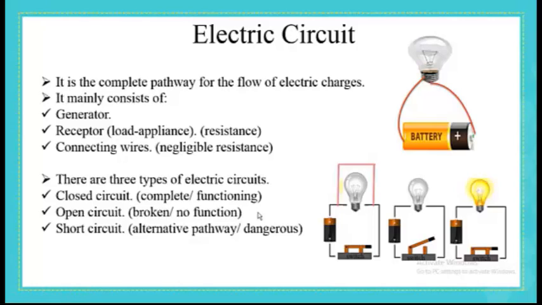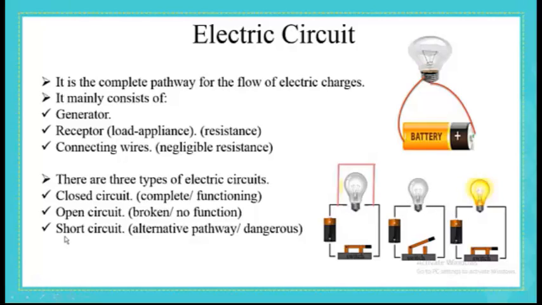And now let's see the closed circuit. This one is the closed circuit. We have a complete pathway and the lamp is glowing. So the conditions are met. The open circuit is this one because the switch right here is open, so we don't have a complete pathway, and because of that, the lamp is not glowing.